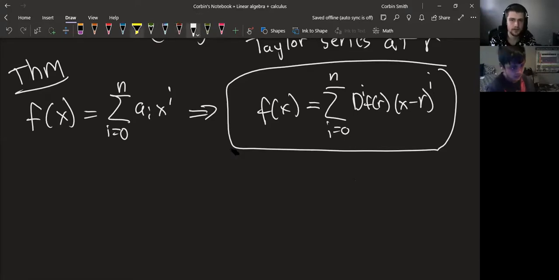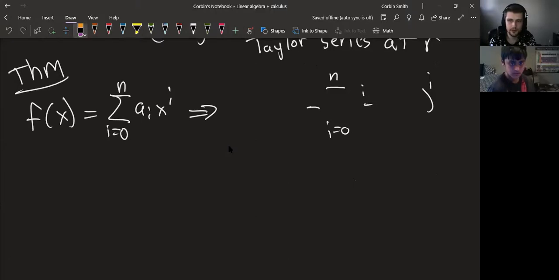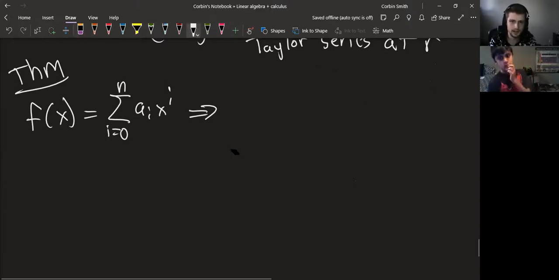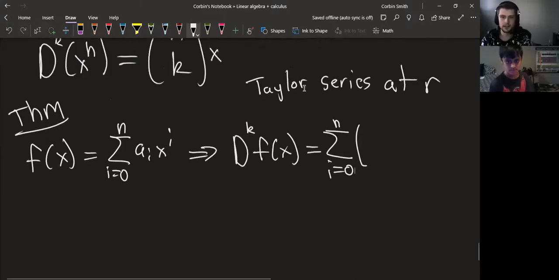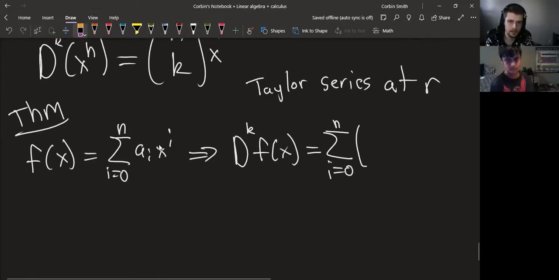All right, so let's prove some things first. The kth derivative of f of x at this point is going to be the sum from i equals 0 to n of, so we're going to take the derivative of this.